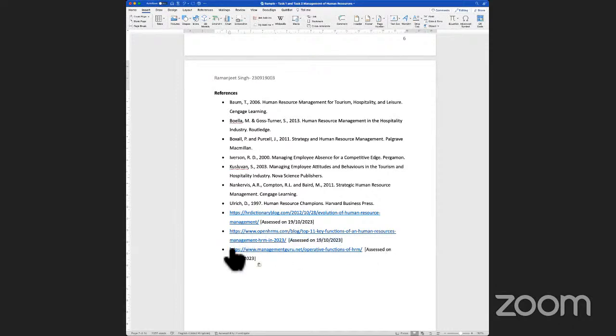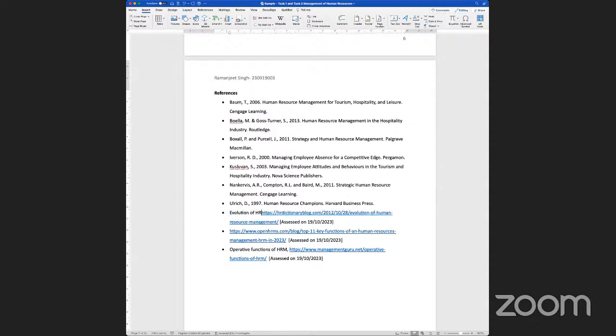So this part of referencing should include, if you ask me, operative functions of HRM. And that is what would be the complete aspect of how the reference needs to be put.